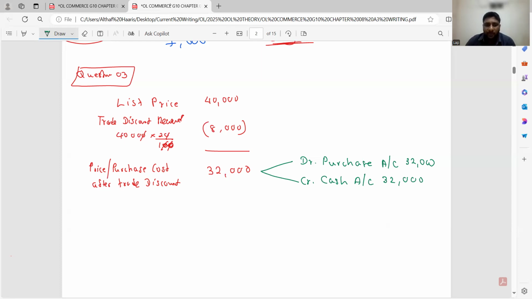Are we writing this one, people? If you won't write it down, trade discounts are not considered in the double entry system.